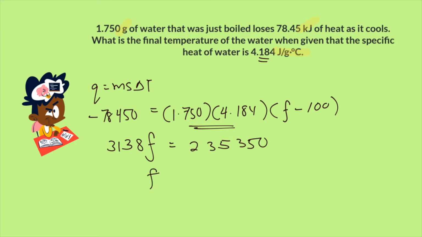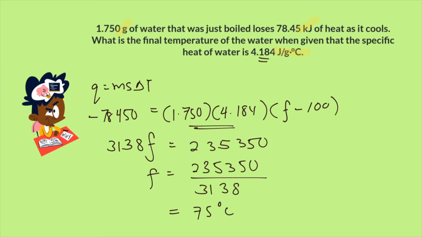Then F is equal to 235,350 divided by 3138. So your F should be equal to 75 degrees Celsius.